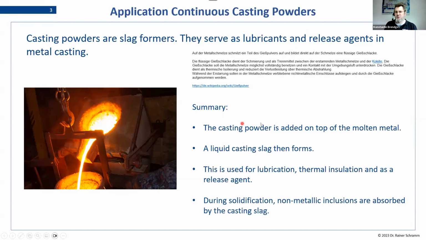The casting powder is added on top of the molten metal, and in combination with the hot liquid metal, it forms the slag. That protects the metal beneath, and it also helps with thermal isolation, lubrication, and works as a release agent.